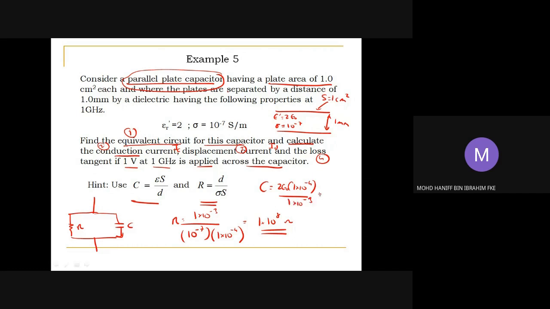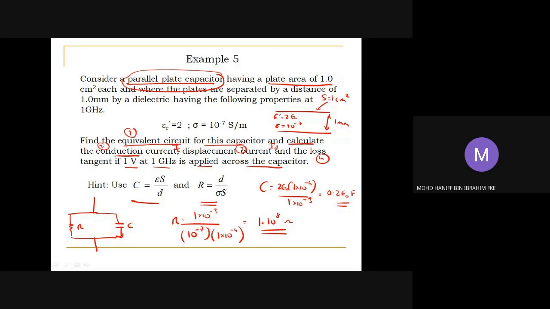If we proceed with this, the capacitance value will be equal to 0.2 epsilon naught in farad.